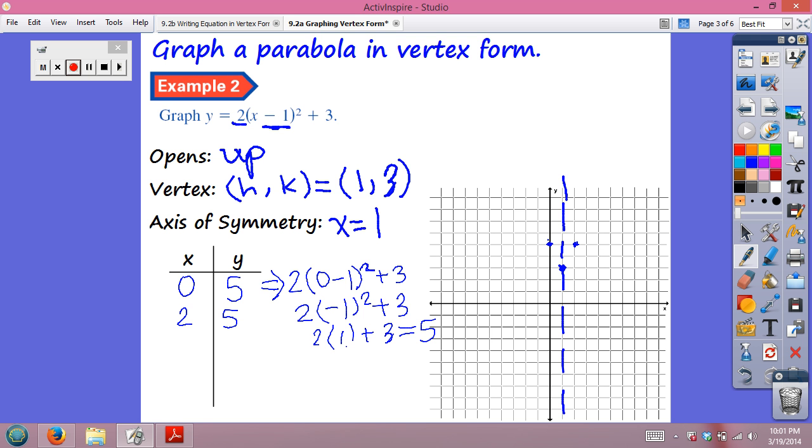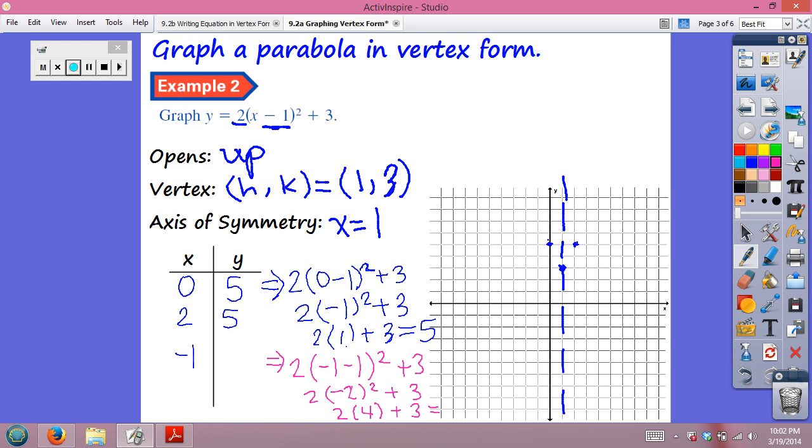So the next point that I'm going to pick is negative 1. And I'll write that in a different color so it doesn't get lost. So if we plug negative 1 into our equation, we're going to get 2 times (negative 1 minus 1) squared plus 3. Negative 1 minus 1 is a negative 2, squared, times 2, plus 3. Negative 2 squared is a positive 4, times 2, plus 3.